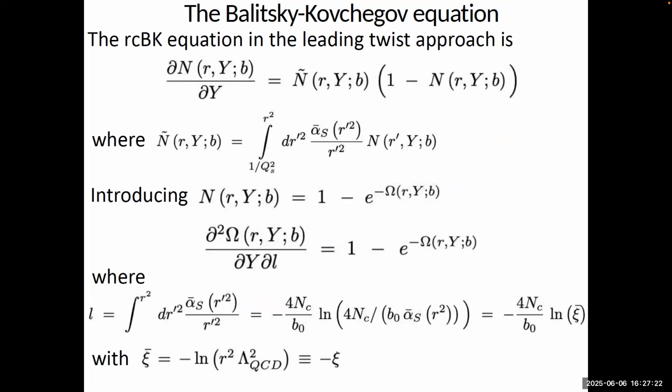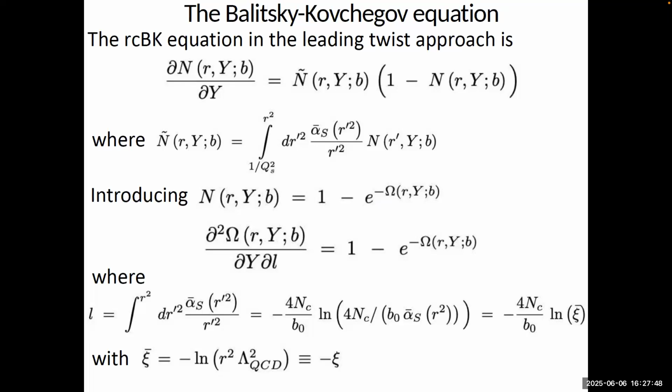So our work was trying to solve again the decay equation, but this time considering these running coupling corrections. Again, we take this leading twist approach. And after doing some algebraic tricks to solve, we will find this equation for omega.